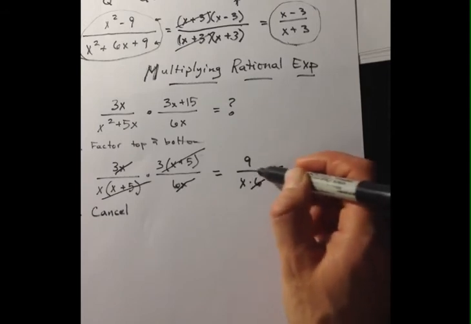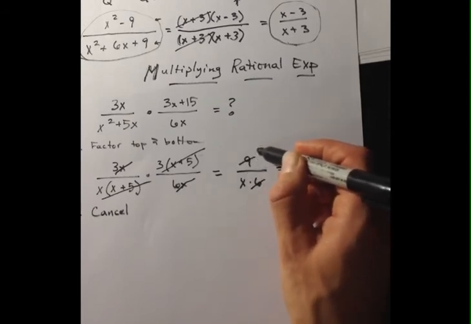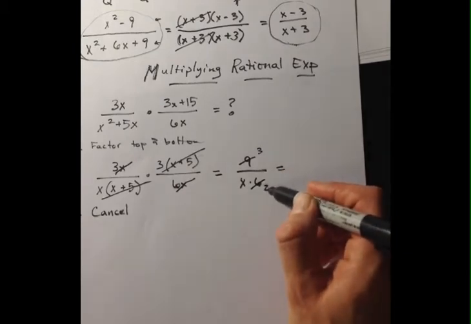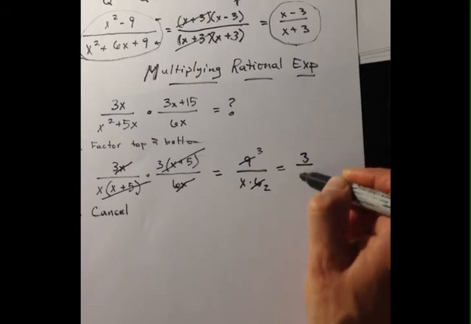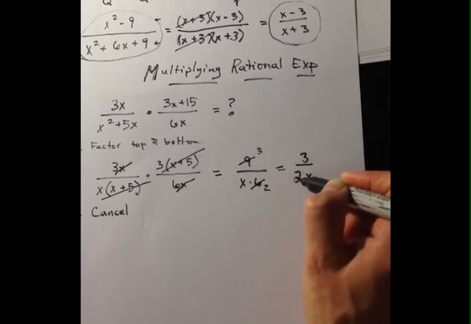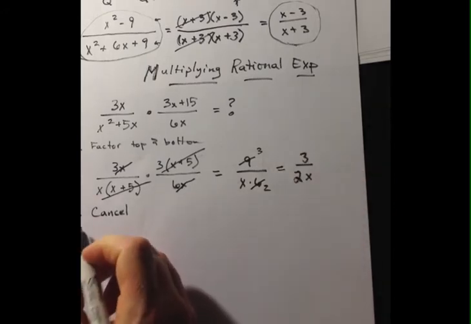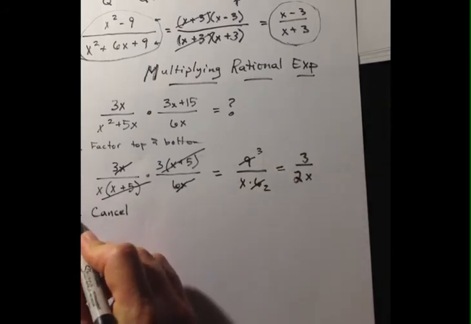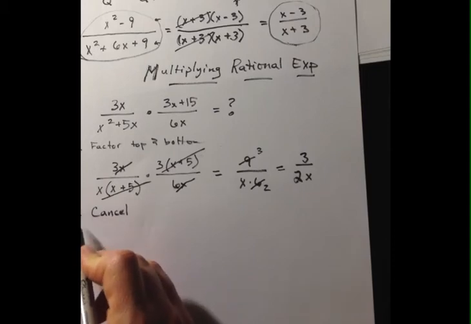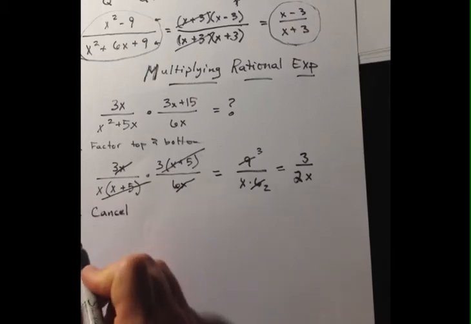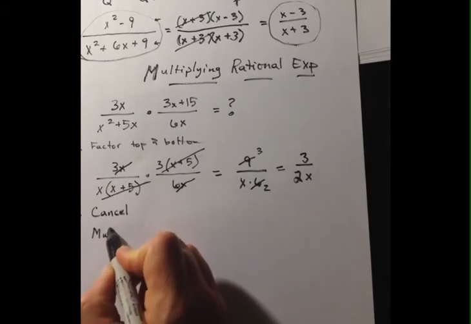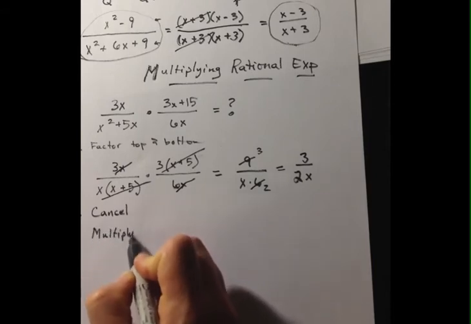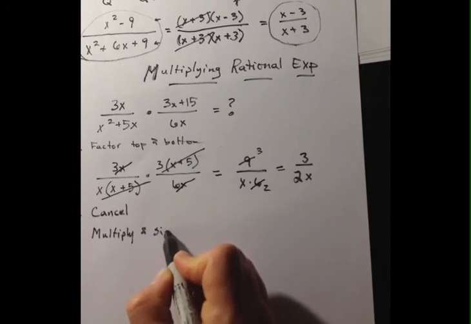So I'm going to cancel out that factor of 3, which leaves me with a 3 up here and a 2 down here. So this is 3 over 2x. Our second step here was to cancel top and bottom, and our last step here is to multiply and simplify.